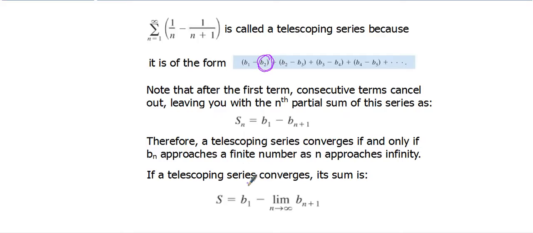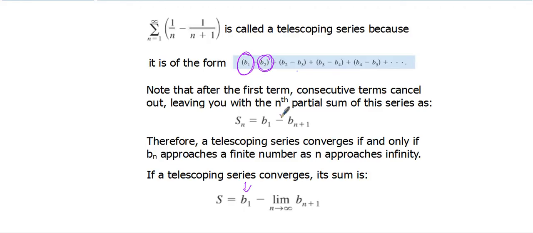And not only will it converge, but it will converge to the value of the first part of the first term, the b1, minus the limit of the second part.